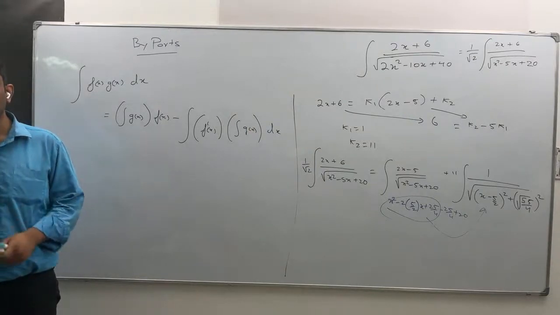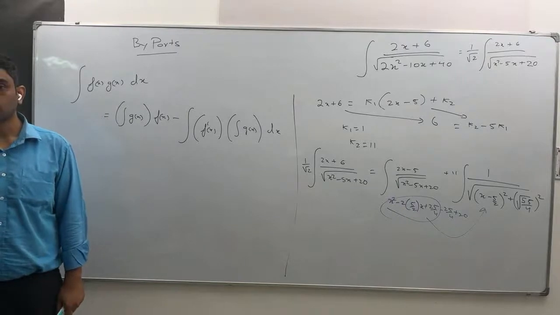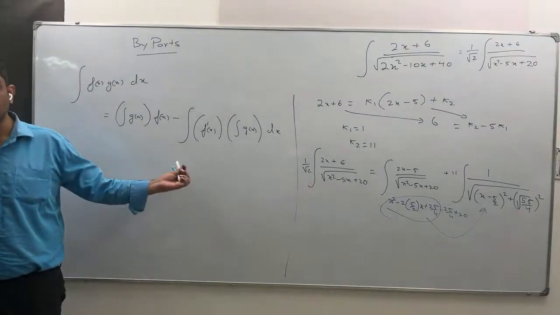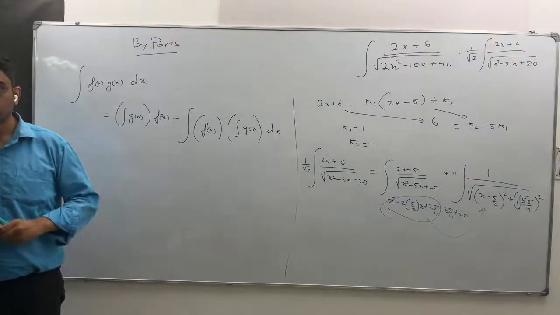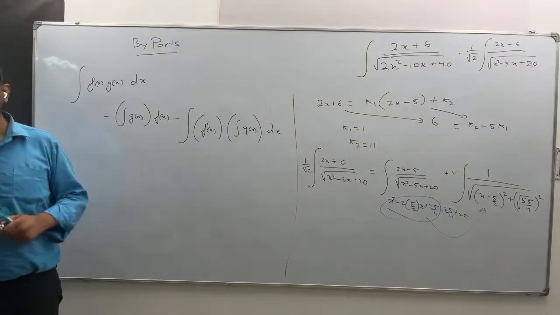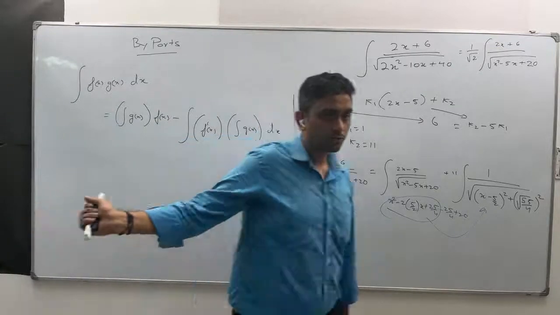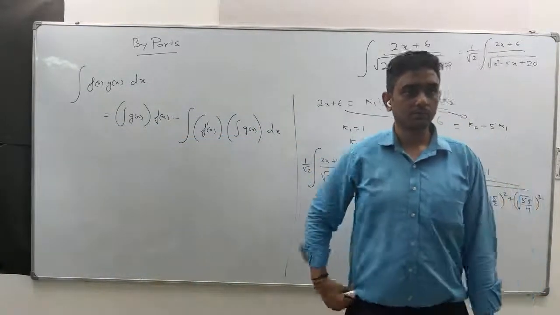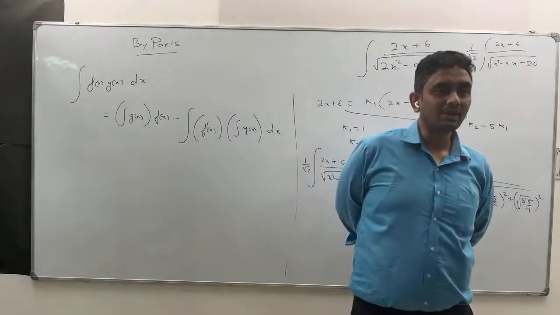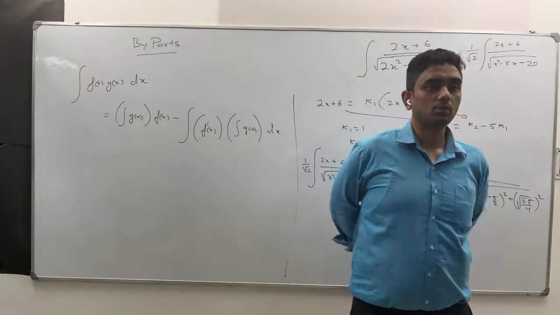Okay, we'll see the guideline. In the guideline itself, you'll get the name. First note the formula, if you do not remember this. This formula is the other way around of the product rule of differentiation.